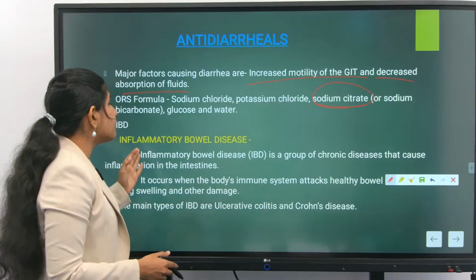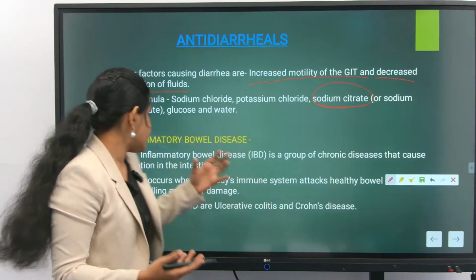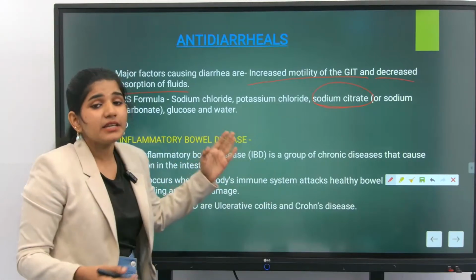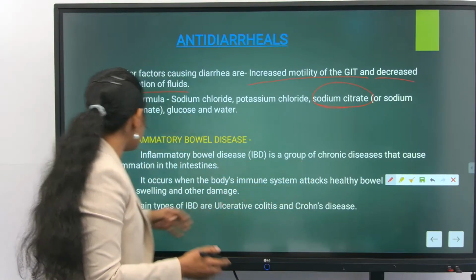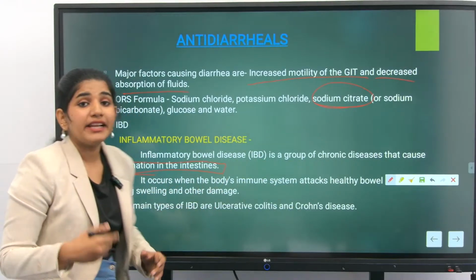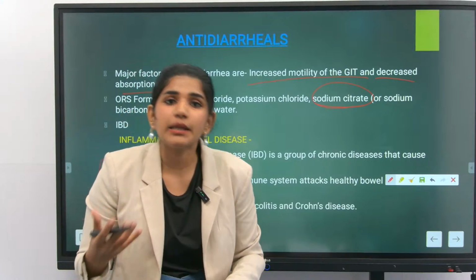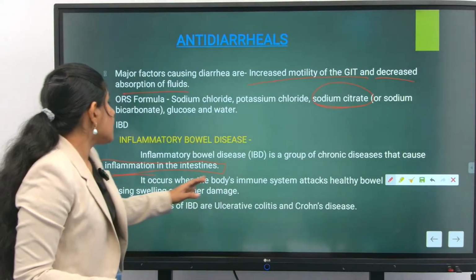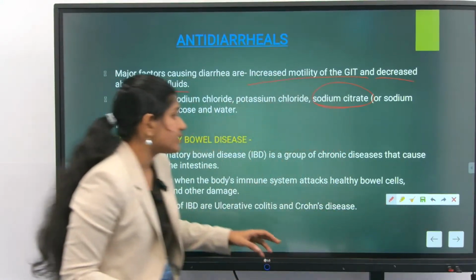Okay, next one is inflammatory bowel disease. It's a group of chronic diseases or disorders that mainly cause inflammation of the intestines. It occurs when the body's immune system attacks our healthy bowel cells.